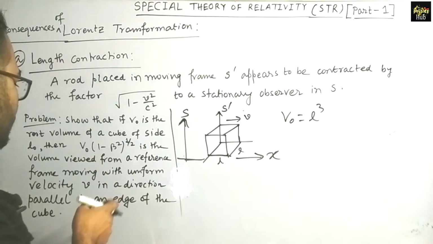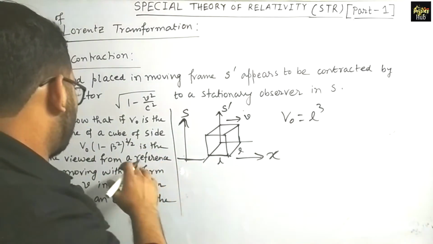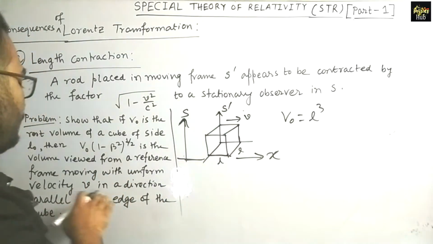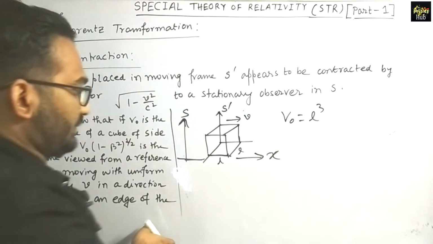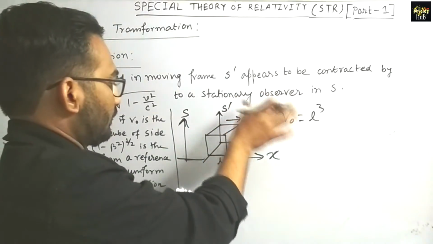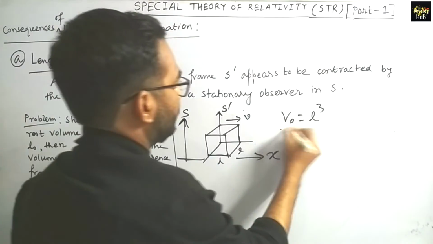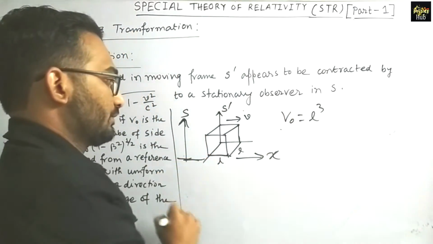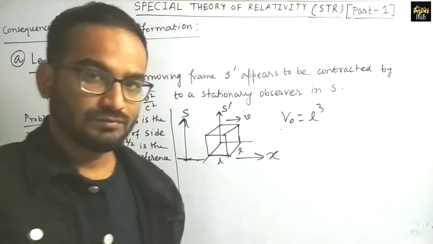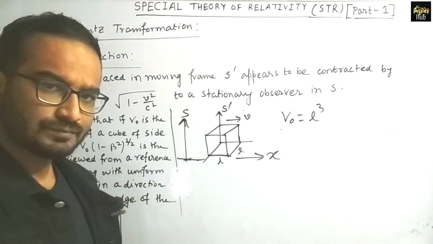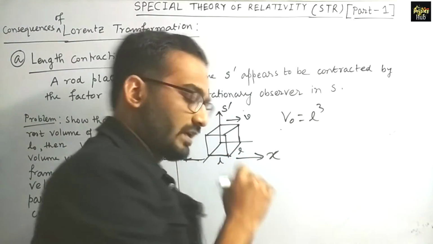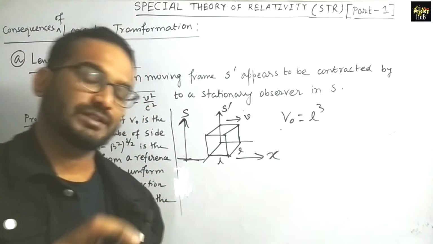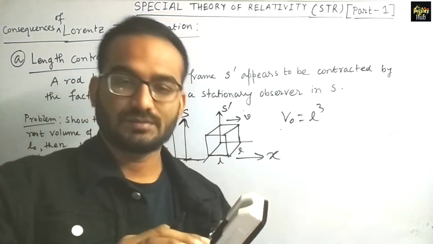Then what will be the volume with respect to a viewer who is moving with uniform velocity v in a direction parallel to an edge? Okay, so this is the volume in the rest frame. Now what will be the volume with respect to the prime frame? As I have told, the length gets contracted only along the direction in which the body is moving.